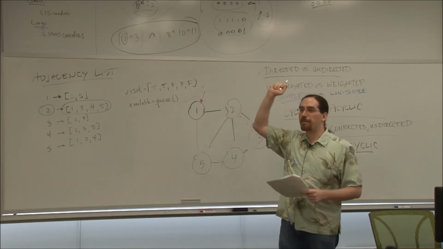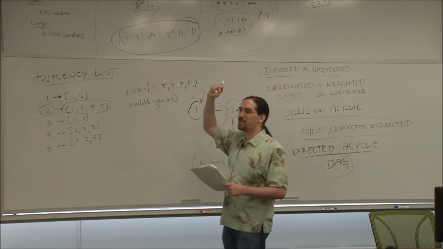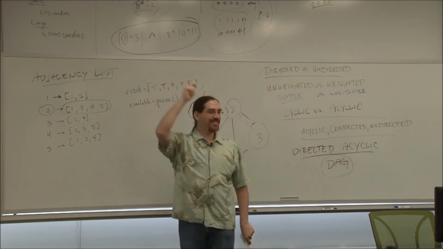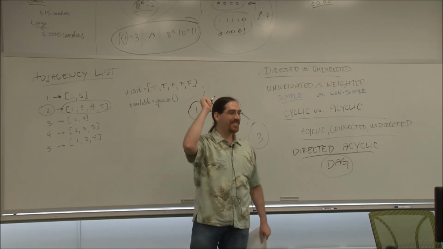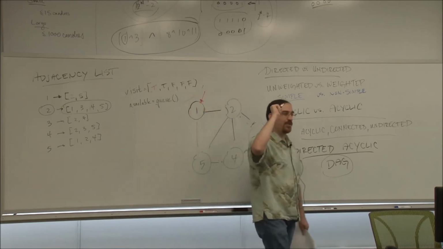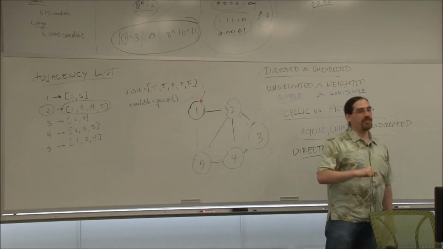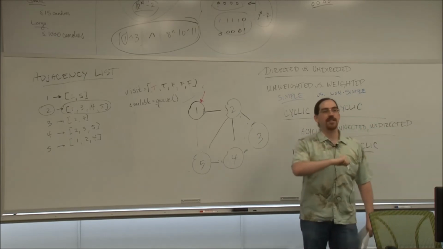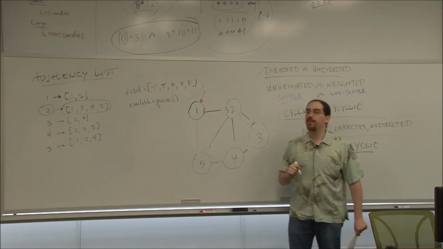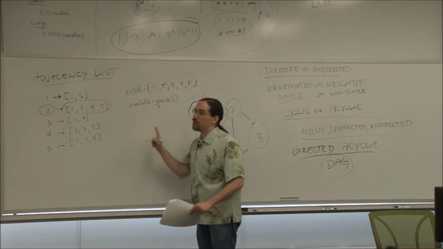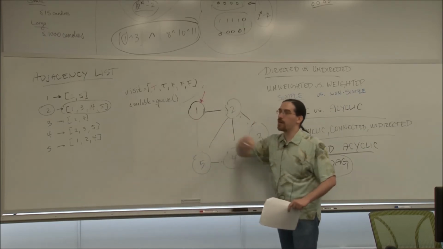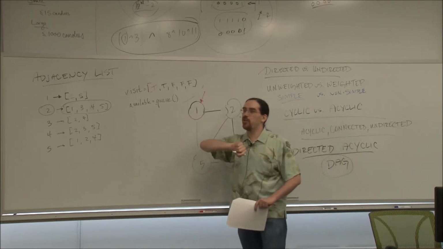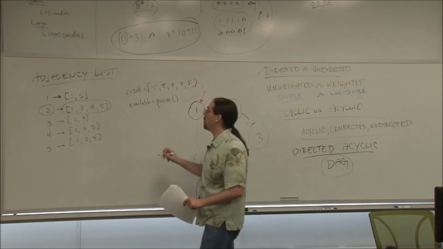How does a queue work? Somebody tell me how a queue works. First in, first out? Yes. So anytime we pull an element off of the queue, we're getting the oldest element, the earliest one that was pushed onto the queue. So let's walk through how that algorithm works when we're using a queue for that, starting from position 1.